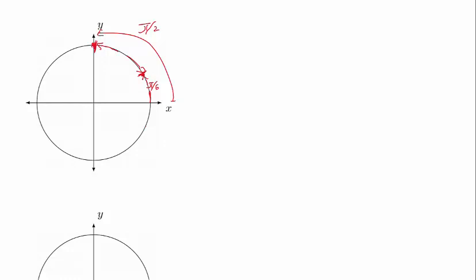Well, in order to find that out, we just take the whole distance, pi over 2, and subtract out the distance that we've already traveled, which is pi over 6. Okay, and we want to get these to be in a common denominator, so we multiply top and bottom by 3, and so we end up with 3 pi over 6 minus pi over 6, which turns into 2 pi over 6, which is the same as pi over 3.